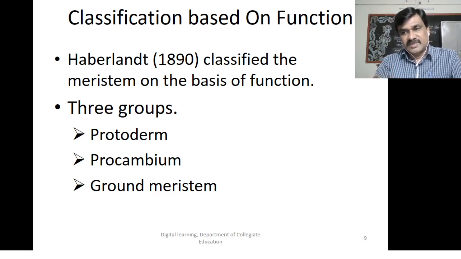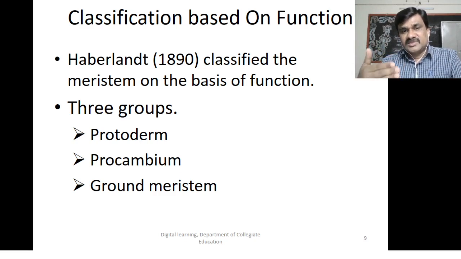Okay, that is procambium. The third one is what we call ground meristem. It is a massive permanent tissue or massive parenchyma tissue present between protoderm and procambium. So this ground meristem is composed of thin-walled parenchymatous cells, and it gives rise to cortex, hypodermis, endodermis, pericycle, etc. So this gives rise to the ground tissue system.